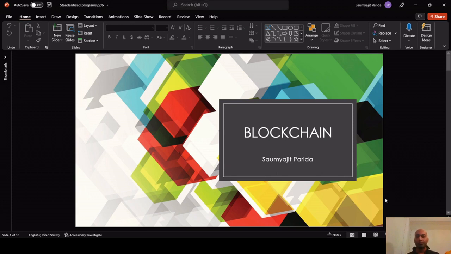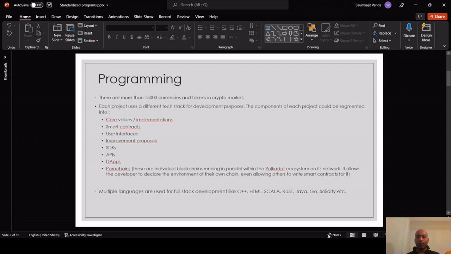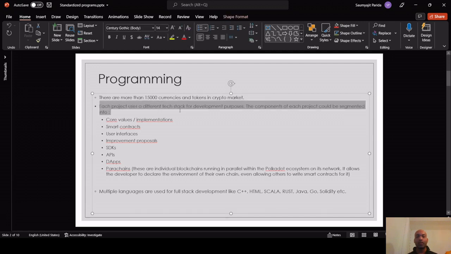Okay, programming. Well, there are more than 15,000 currencies and tokens in the crypto market. Each project uses a different tech stack for the development process. I know a little bit of Solidity, and I have seen some other programming languages also.